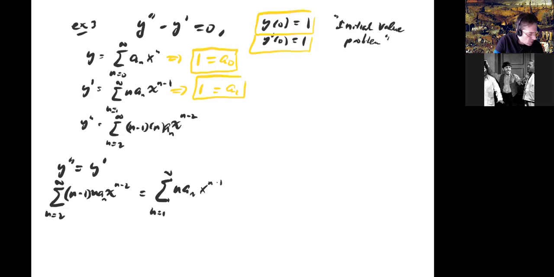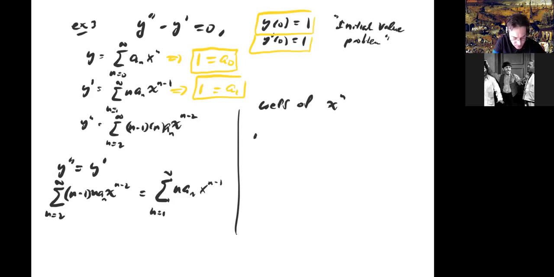So now we have to equate the coefficients on both sides. So the coefficient of x to the n that appears on both sides is this. On the left side, the coefficient of x to the n, well, we have an x to the n minus 2 appearing, so we have to shift it up two numbers.